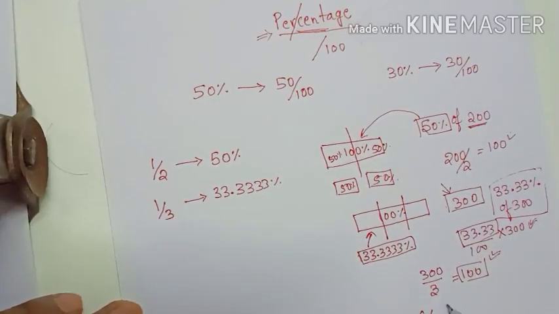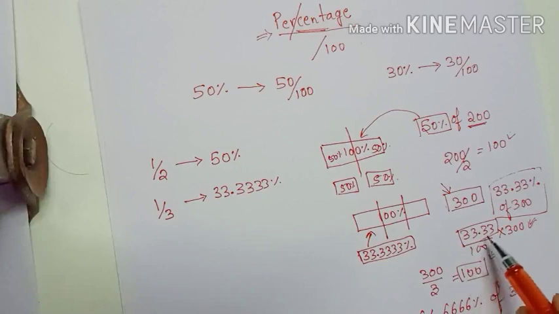Now someone asks you, instead of 33.33%, now they are asking you to find 66.6666% of 300. This time the same procedure you can go with: first you can find 33.33% and you can multiply it with 2 as well, right?